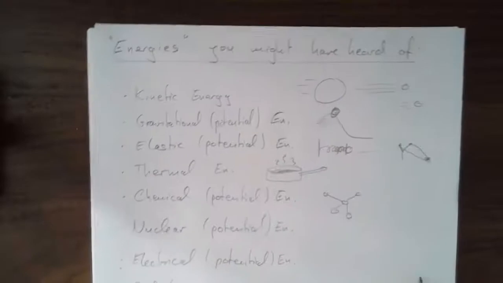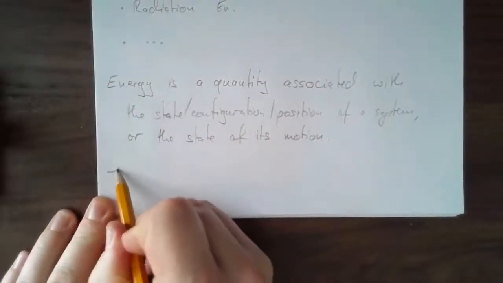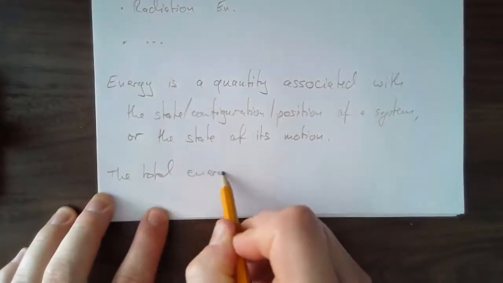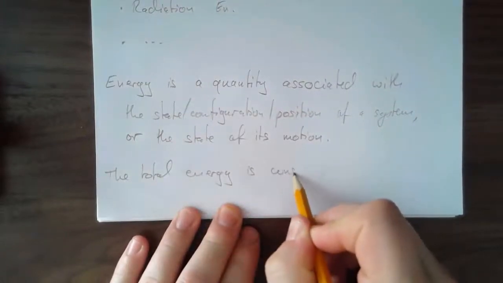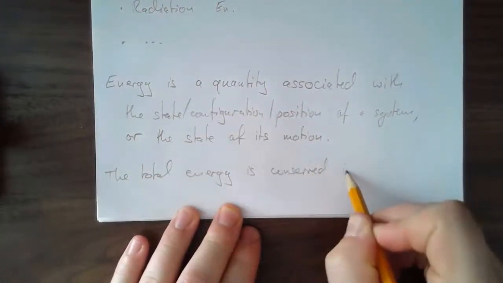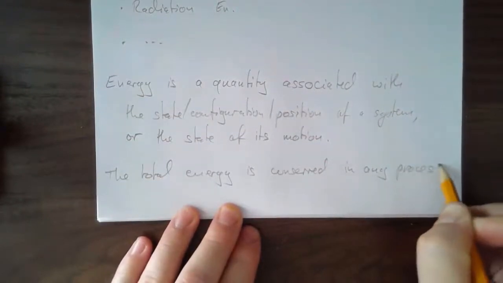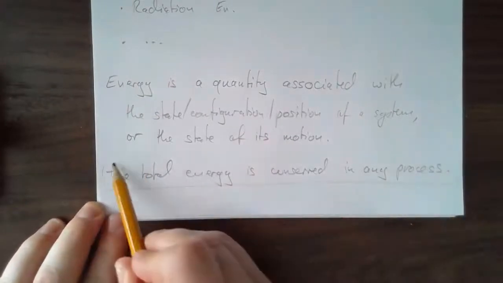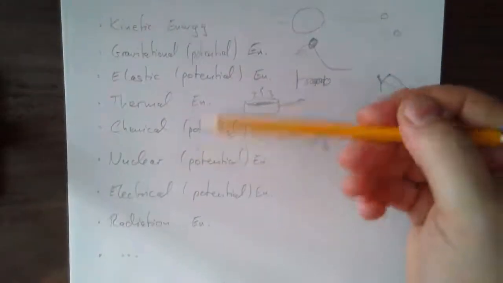Let's write that down. Total energy is conserved in any process. Now, in many processes, some types of energies that are listed up there are irrelevant.